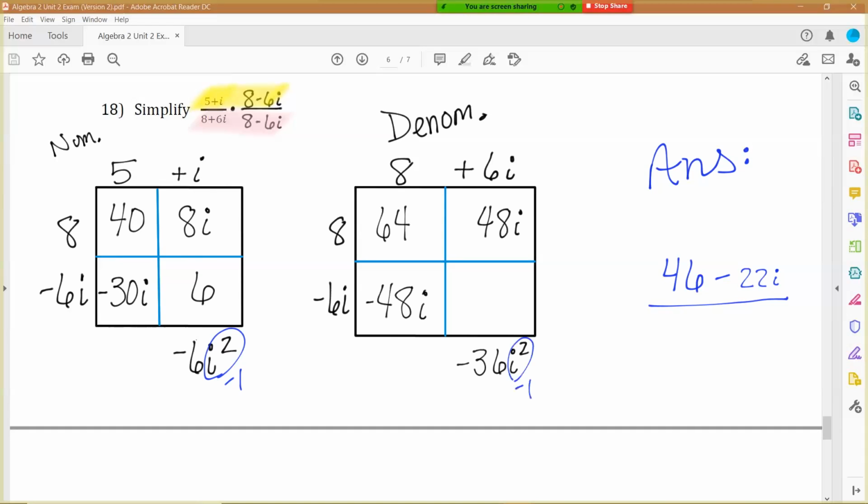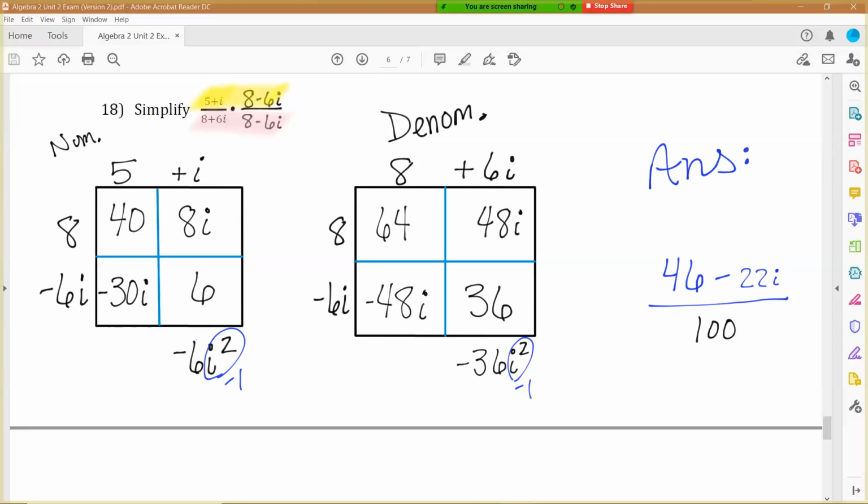Taking that i squared out, replacing it with negative 1. Negative 1 times negative 36 is positive 36. When I go to combine like terms from the denominator, I'm going to take 64 plus 36. 64 plus 36 is 100.